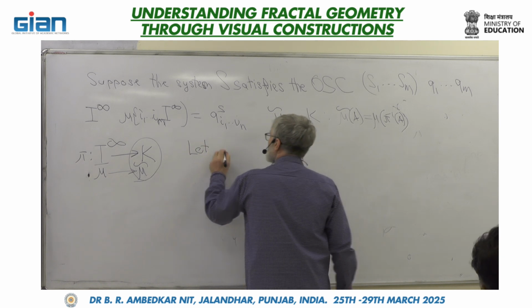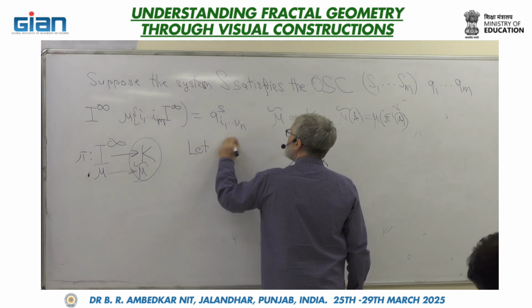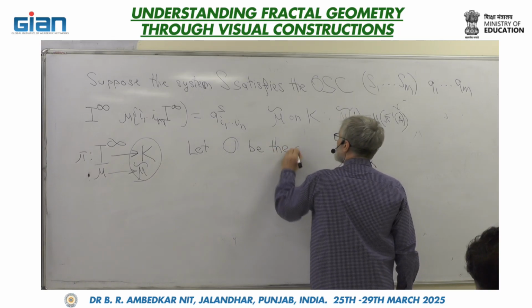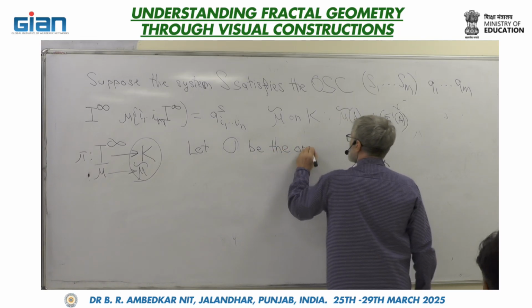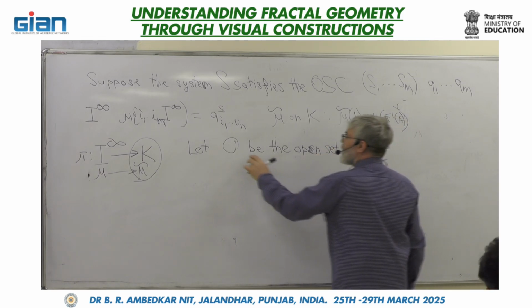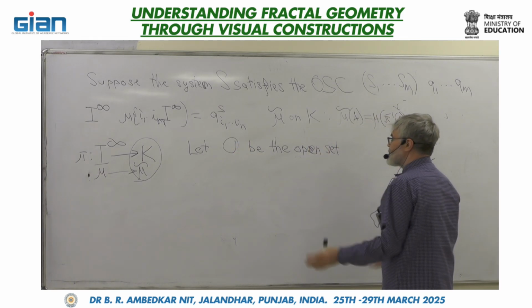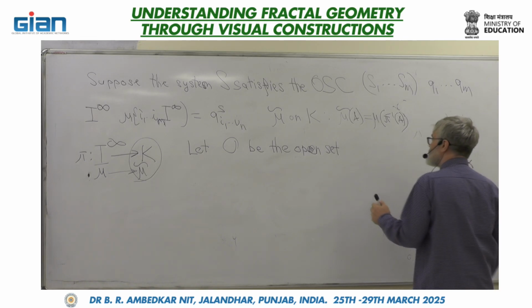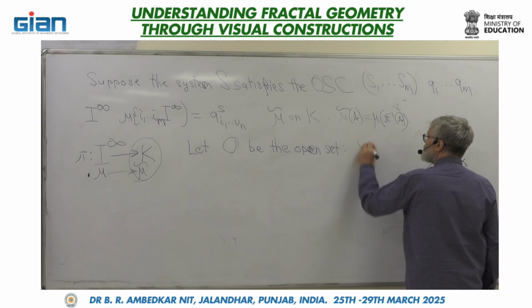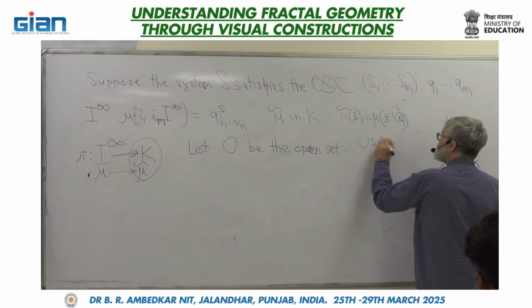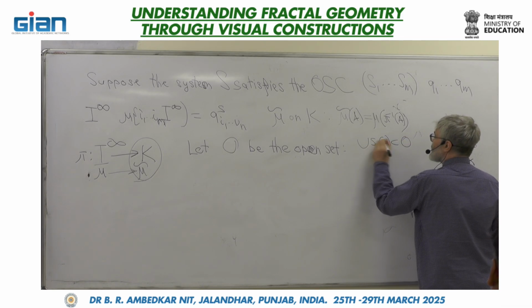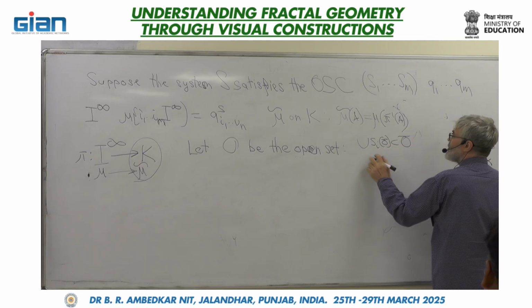Let O be the open set. Of course, we take this open set to be bounded. So we have the union of Si of O belongs to O. And if we take the closure, it is the same.